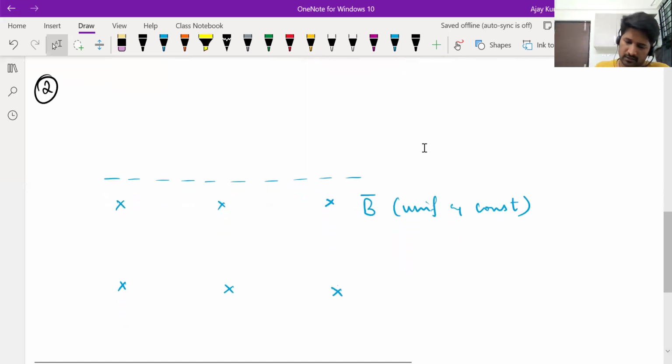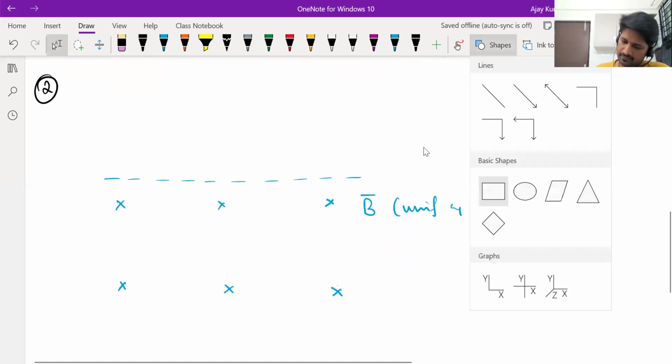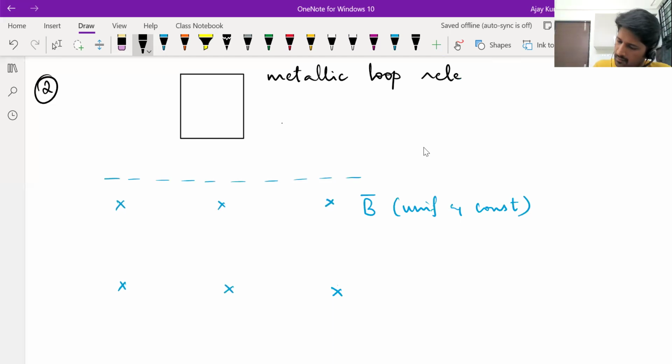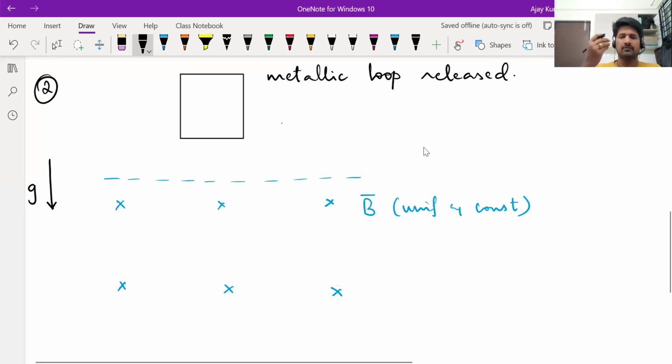And let's say you release a metallic loop. So consider gravity also. There is a metallic loop in the vertical plane. Gravity is in the downward direction. We release the metallic loop.